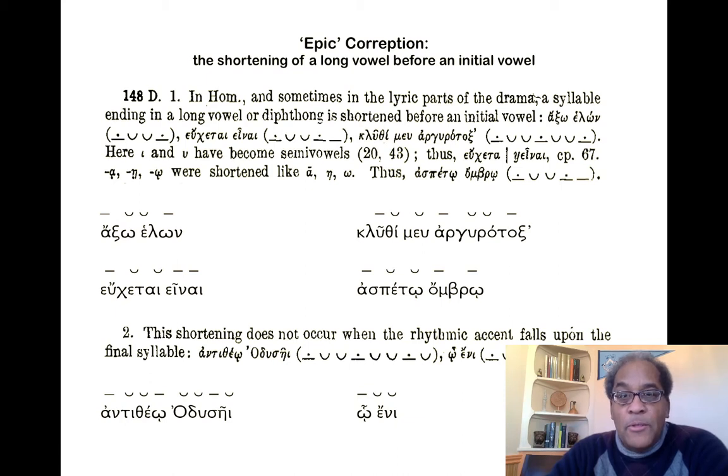So his examples: long, short, short, long; long, short, short, long; long, short, short, long, long.